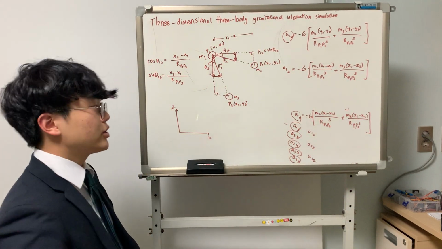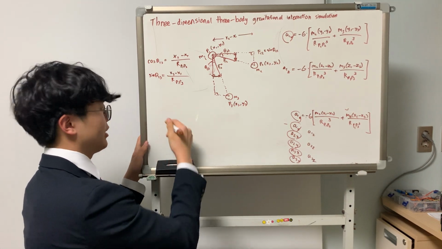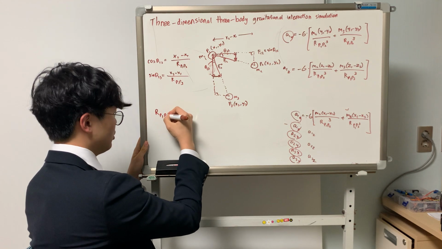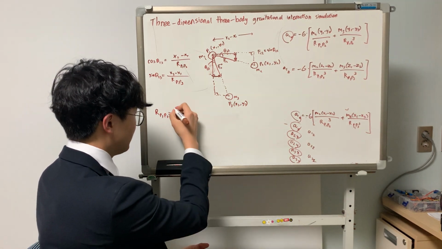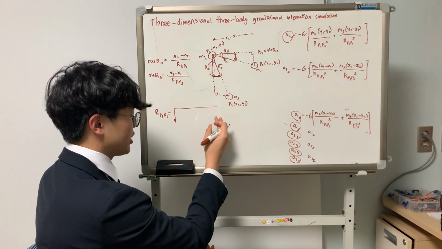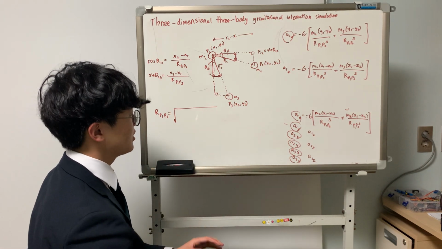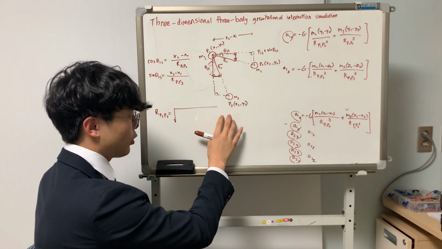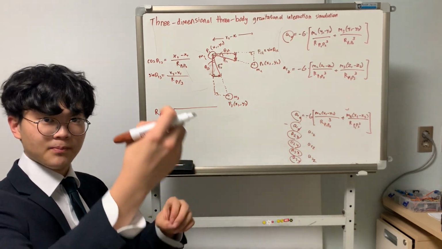Another change that I mentioned is that, for example, when we calculate r of p1 p2, it's not going to be x1 minus x2 squared plus y1 minus y2 squared. There's going to be an additional term inside the square root: z1 minus z2 squared, because we're dealing with distances in 3 dimensions.